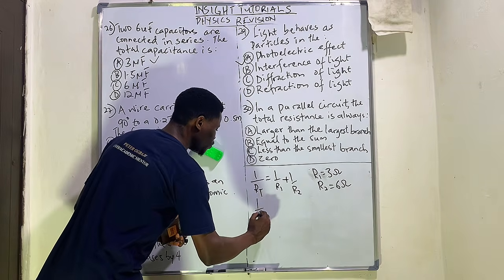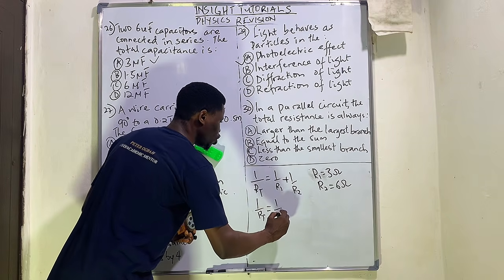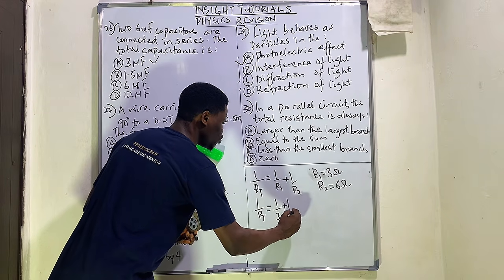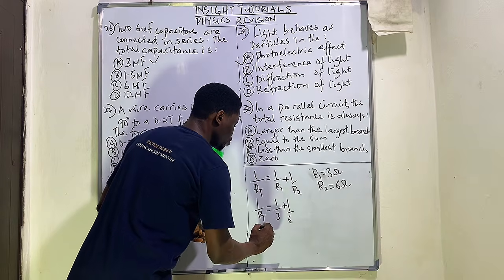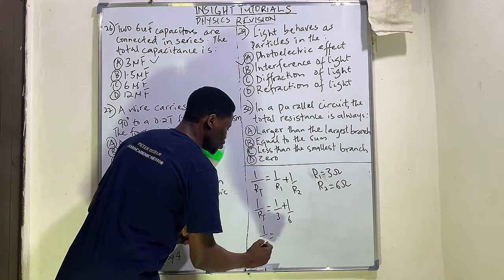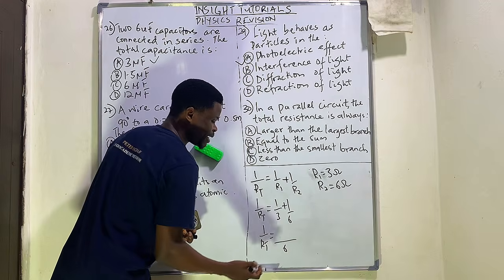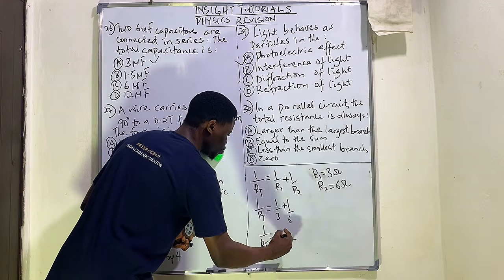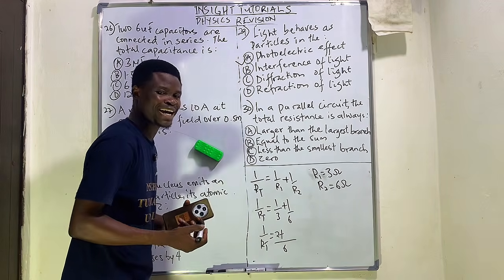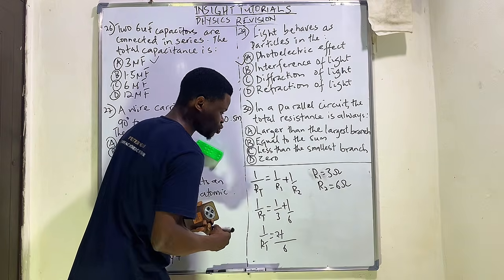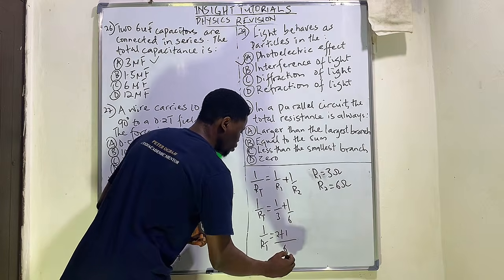So 1 over R total is 1 over 3 plus 1 over 6. The LCM of this is 6. 6 divided by 3 is 2, 2 times 1 is 2, plus 6 divided by 6 is 1, 1 times 1 is 1.